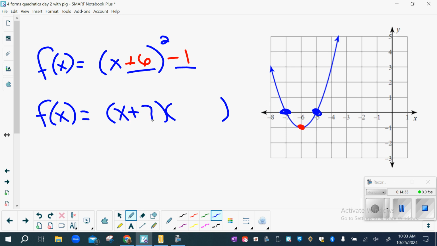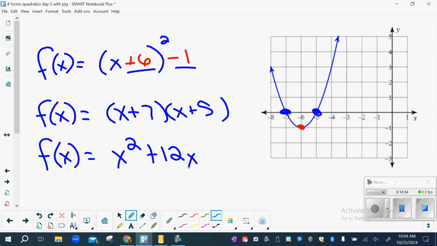X plus 7, x plus 5. There's factored form. So easy. And then the final one to do standard form, guess what I'm going to do? I'm going to claw that really, really fast. Some of you could actually claw it in your head. You could say x squared, 7 and 5 is 12x, 7 times 5 is 35. Done, done, done. I like that.